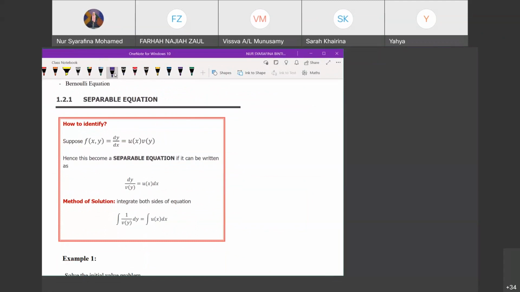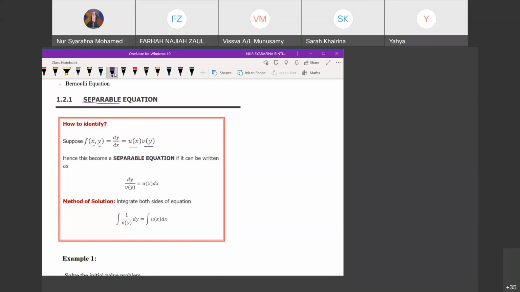Separable equation means that it can be separated based on a variable. Suppose we have a function of x and y, where it is dy/dx. The function should be a combination of x and y.